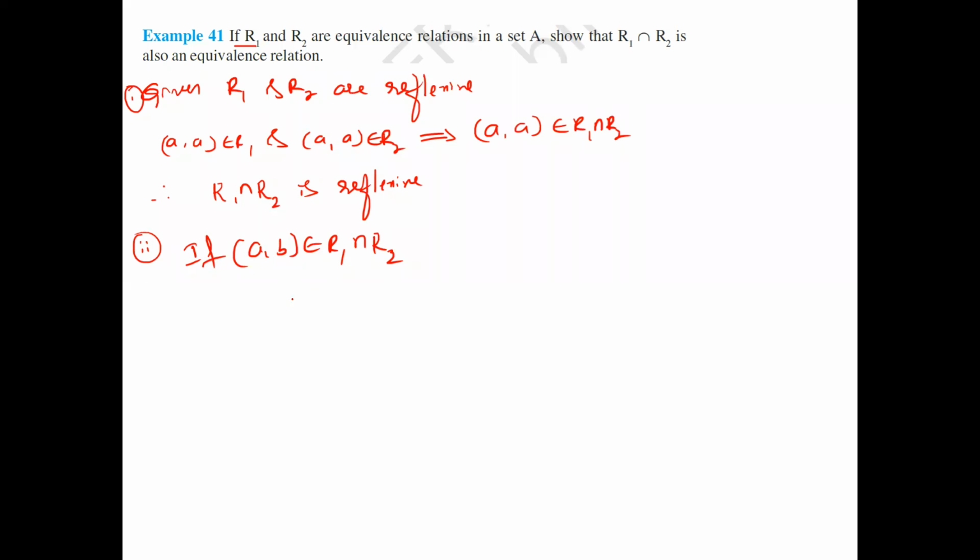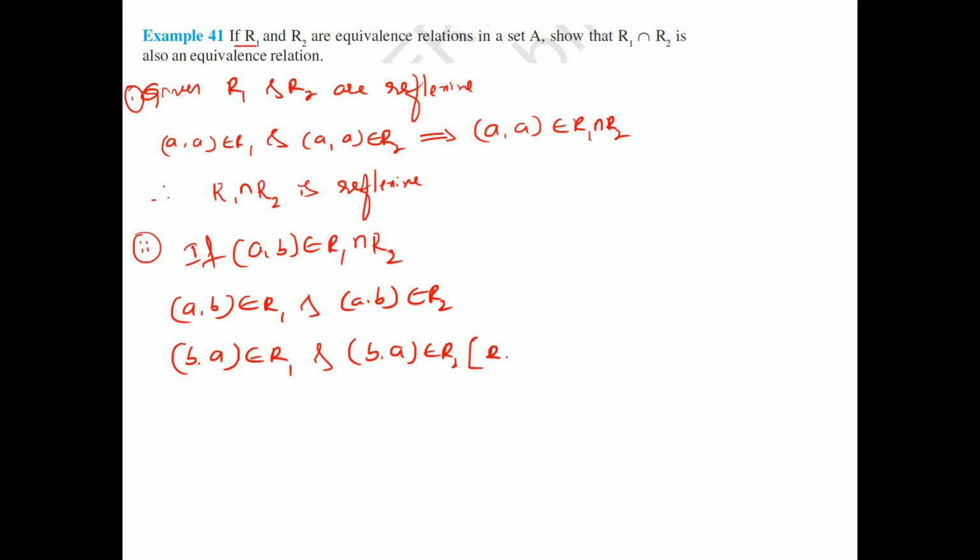Before that, I'll write this as A comma B belongs to R1 and A comma B belongs to R2. Now I can write B comma A belongs to R1 and B comma A belongs to R2, because R1 and R2 are symmetric.